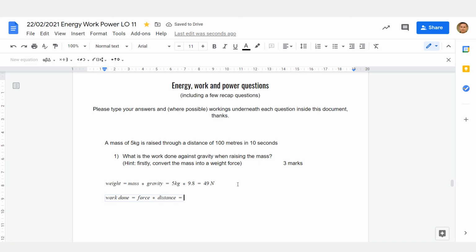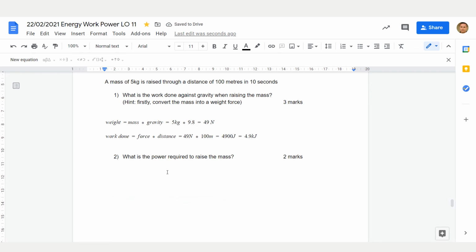That's equal to 49 newtons times 100 meters, which is equal to 49 times 100 is 4,900 joules. If you wanted to do kilojoules, 4.9 kilojoules, but you don't need to use kilojoules. The work done is still 4,900 joules, and that's that for that one.